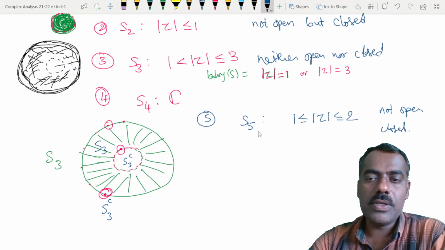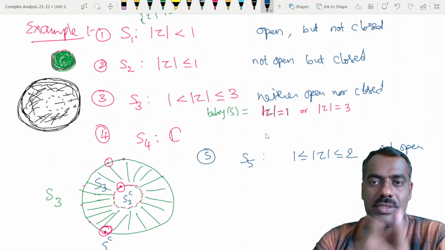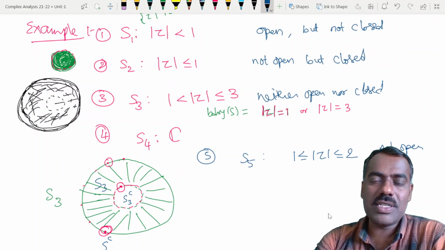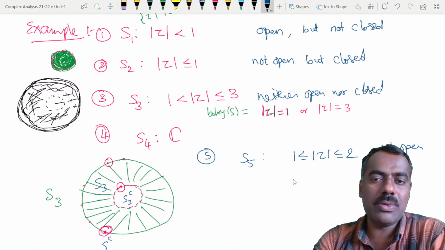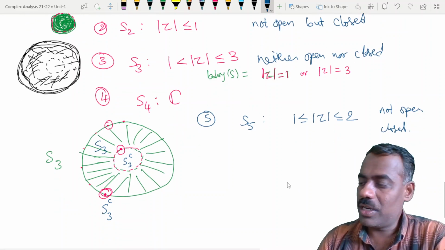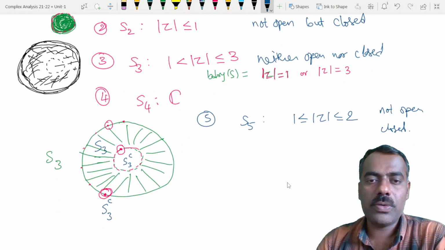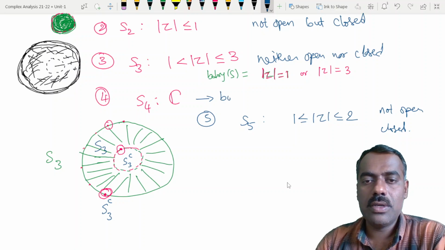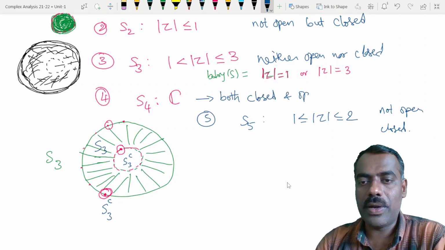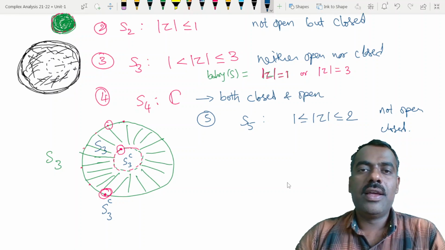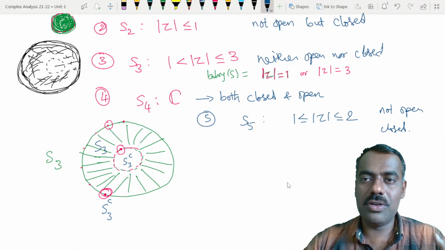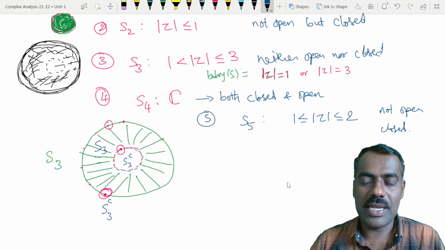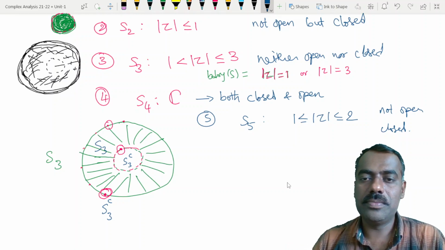So you should understand, to know about openness and closedness, you should know the boundary of whatever subset we are talking about. What about C, this S4? You can check that it is both closed and open. Why? It is like a paper where there are no boundary points.